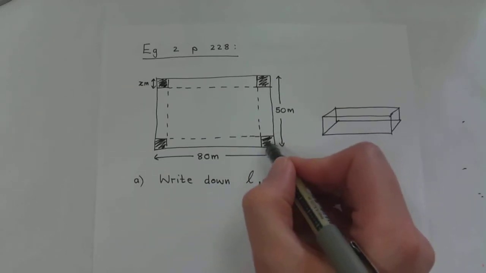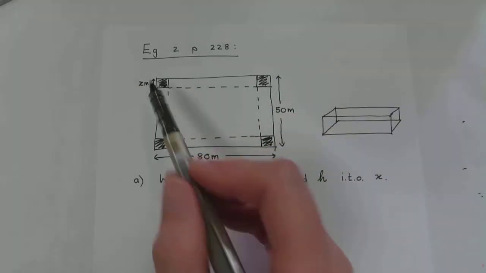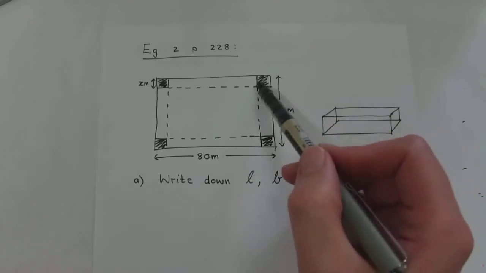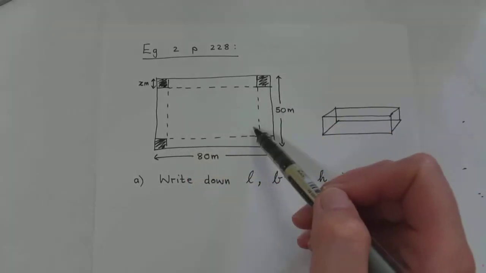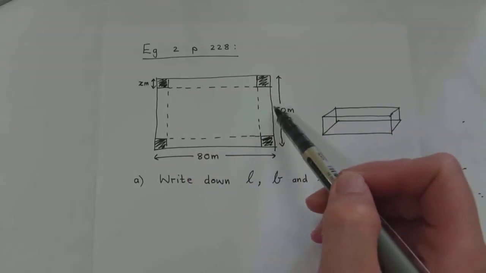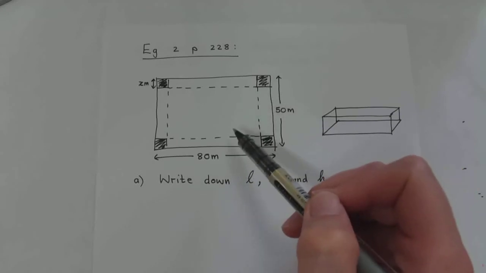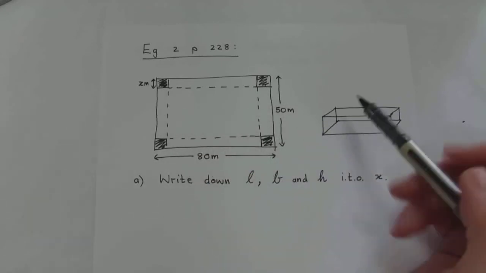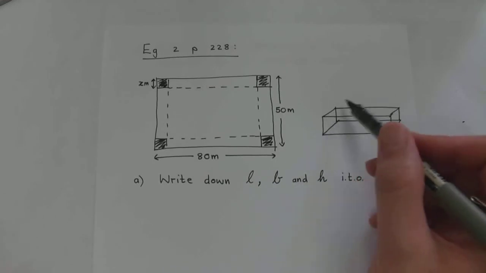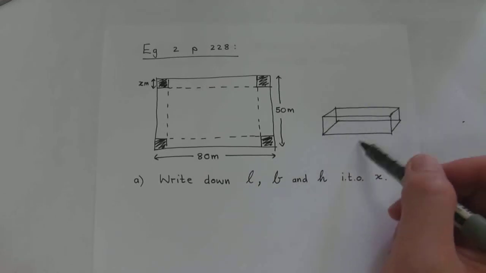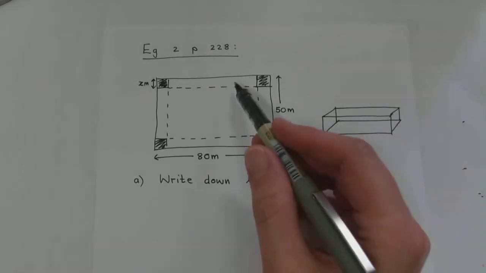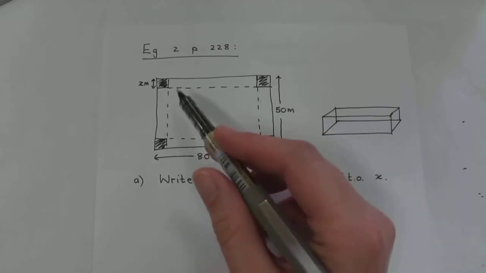Then they take and they fold on these dotted lines. So they fold that up, they fold that up, they fold that up, they fold that up, and then they form this container. Okay, so this rectangular container is then formed by folding these sides up after these little squares have been cut away.